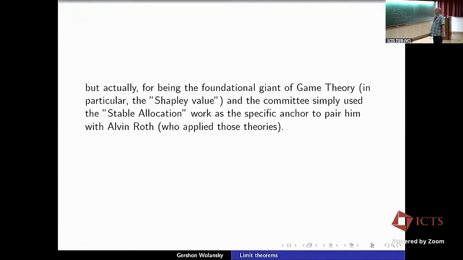Actually, Shapley was a very prominent game theorist, and the prize was awarded to him for his work on game theory, in particular the Shapley value, which is very well known.